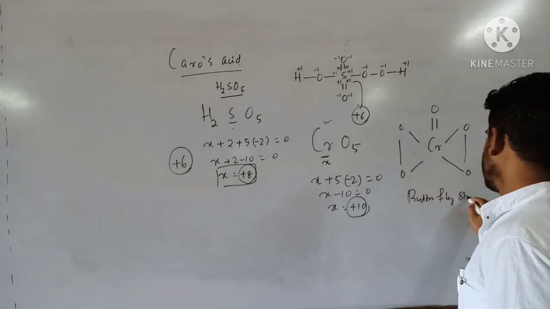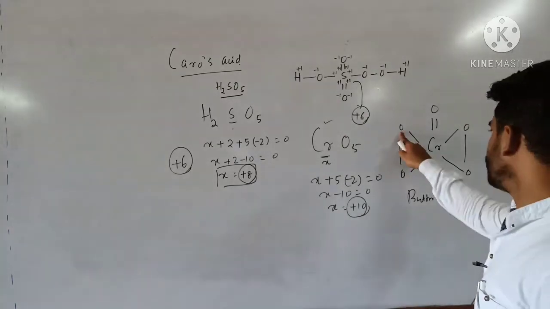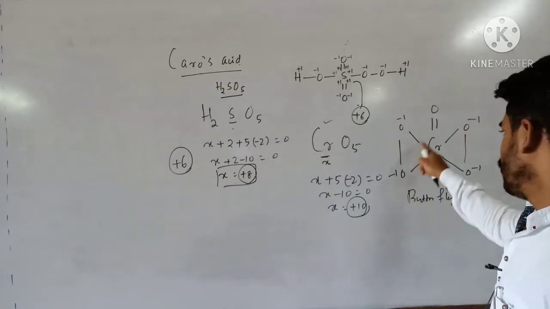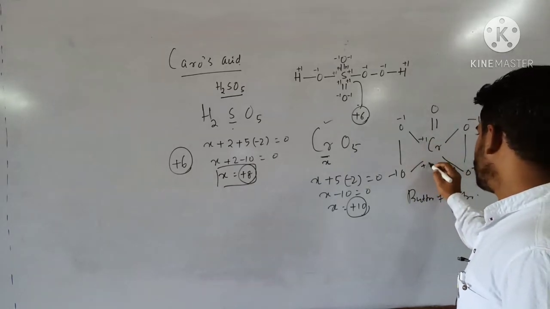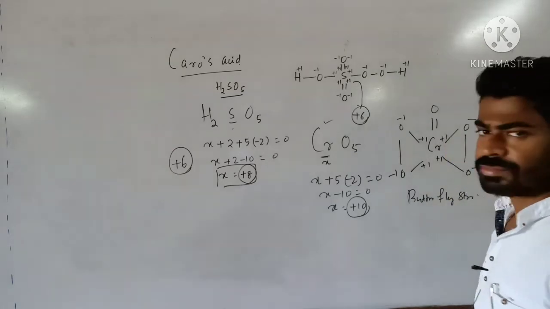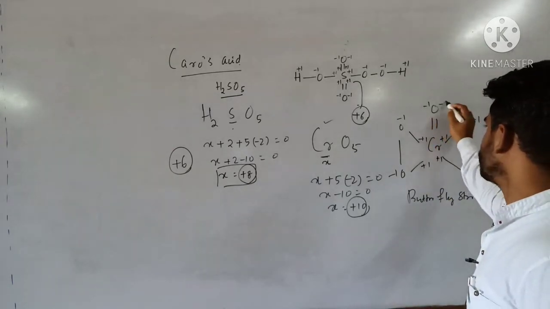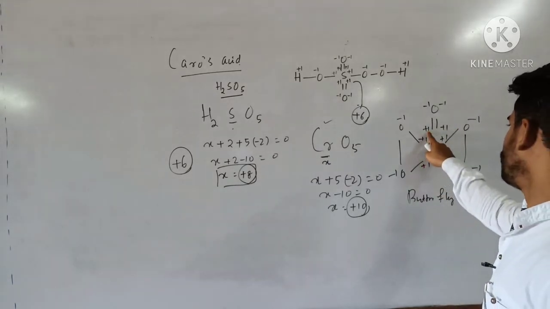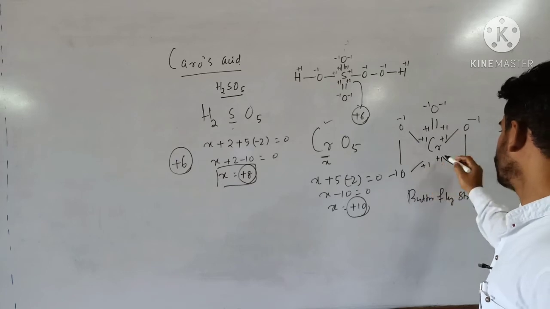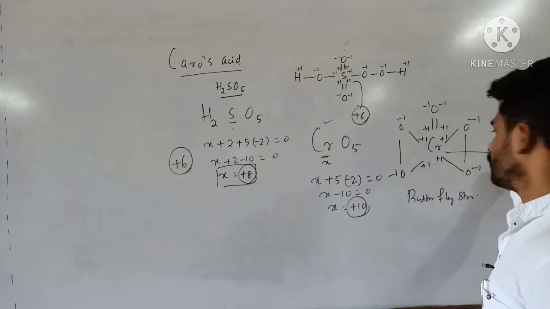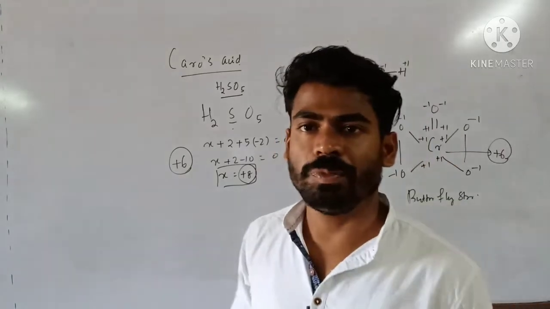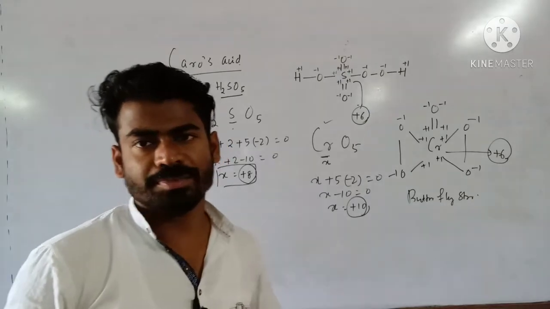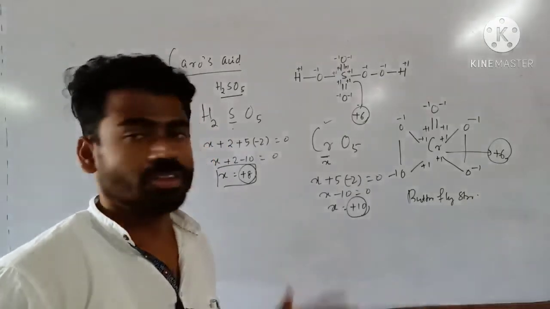Here the oxygens in peroxide linkage are -1, -1, -1, -1. Consequently this chromium gets +1, +1, +1, +1, and the two bonds are there. Oxygen gets -1, -1, +1, +1. Now see what the oxidation number is: +1, +1, +1 is 3, +1, +1, +1 is 3. So that will be +6. Never write +10, +8 likewise. Clear? These are the exceptional cases where we should consider the structure of molecules.